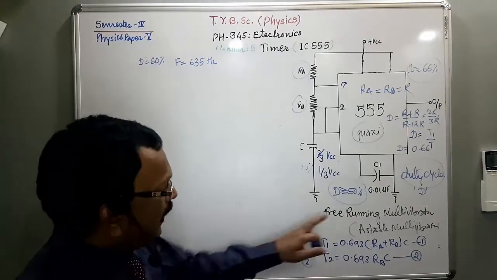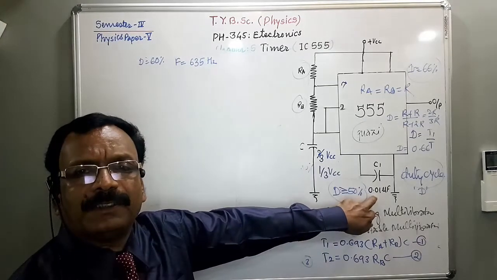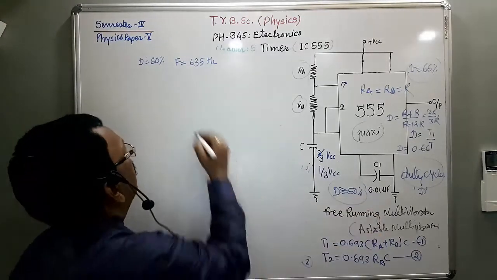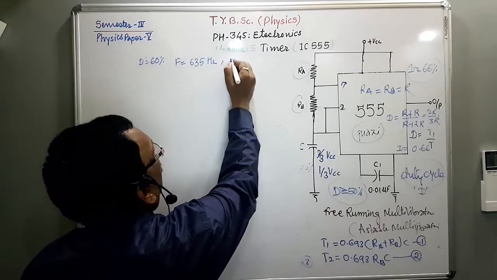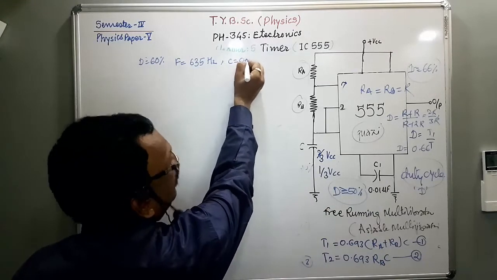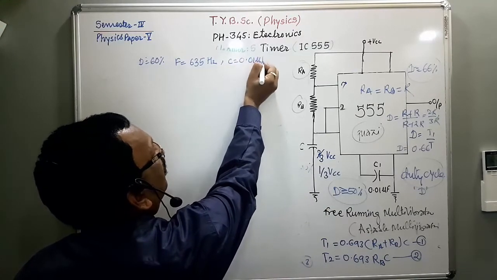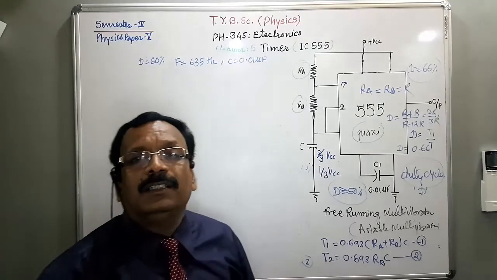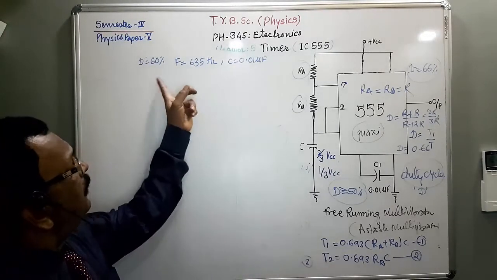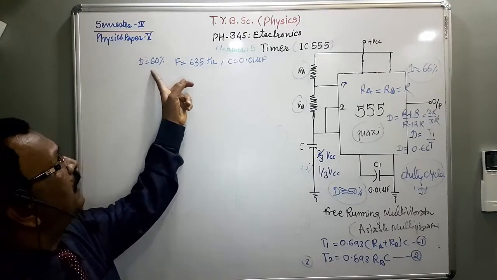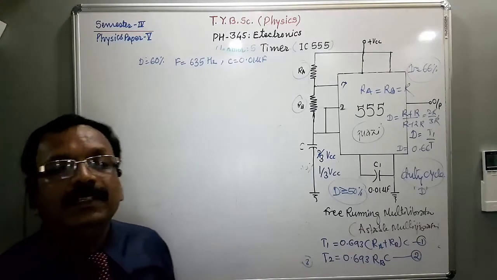And this capacitor is a fixed value capacitor, C is equal to 0.01 microfarad. These are the three different important quantities: duty cycle, frequency and capacitor.